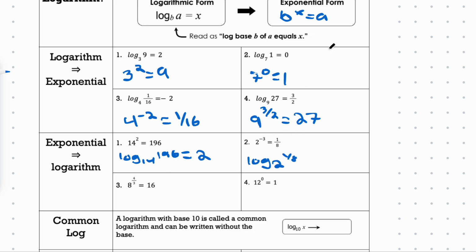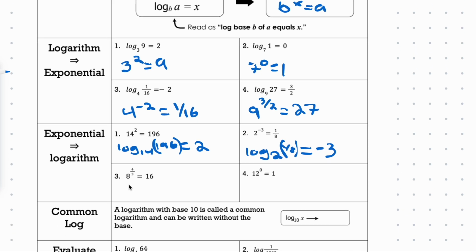And sometimes it might be helpful to just put this in parentheses so people know. Log base 2 of 1/8 equals -3, right? This is our x value. This is what we're raising 2 to, and this is what our logarithm is equal to.